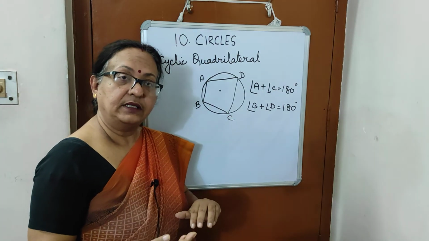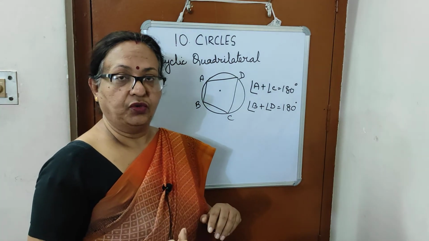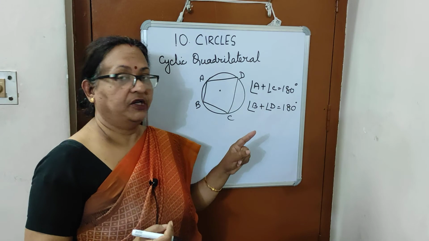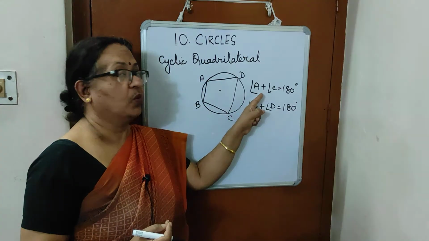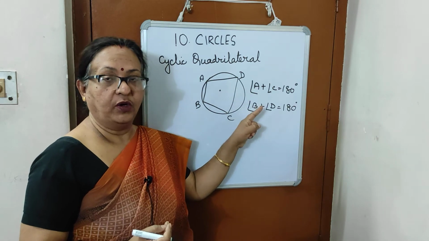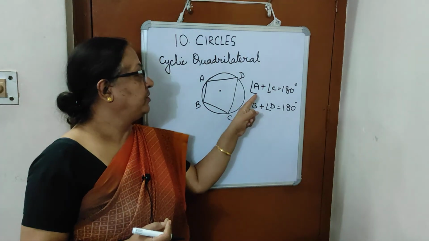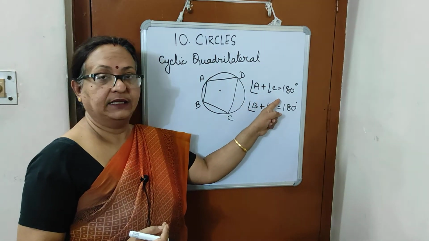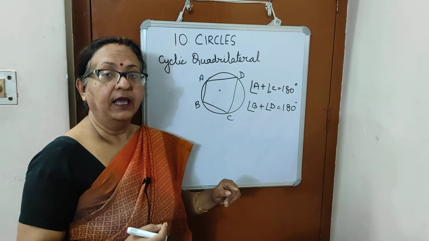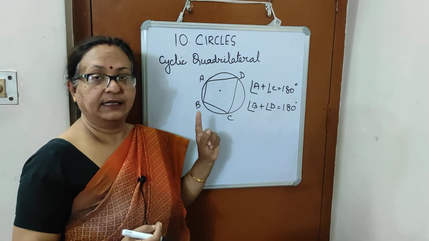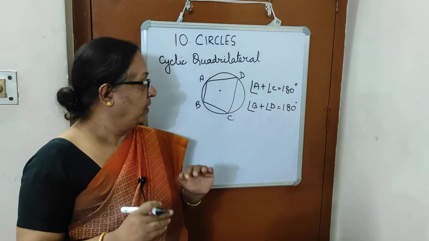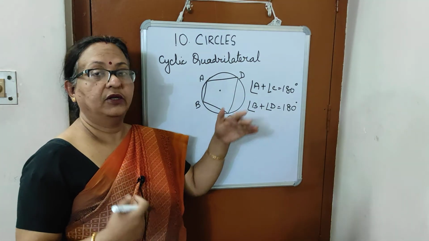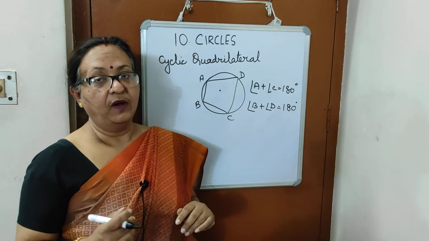The converse is also true. That is, if you have a quadrilateral where the sum of opposite angles is 180, then we say the quadrilateral is cyclic. So both ways it is true. Okay, children, now let's use this to solve a few sums from your exercise.